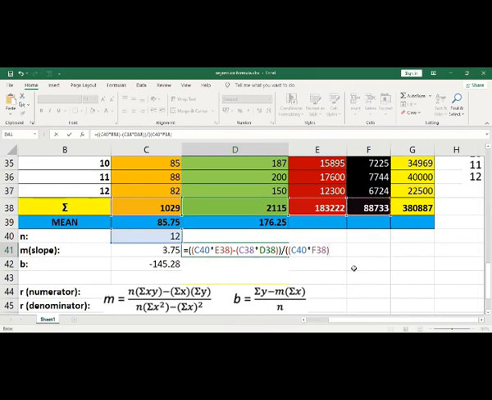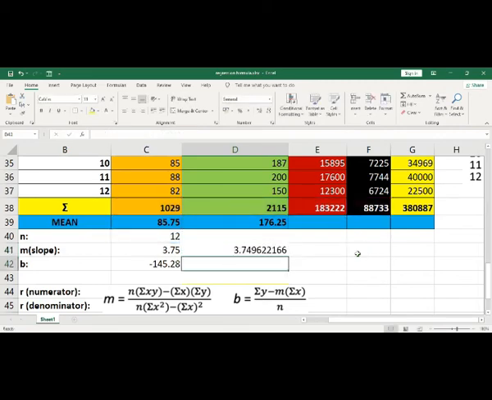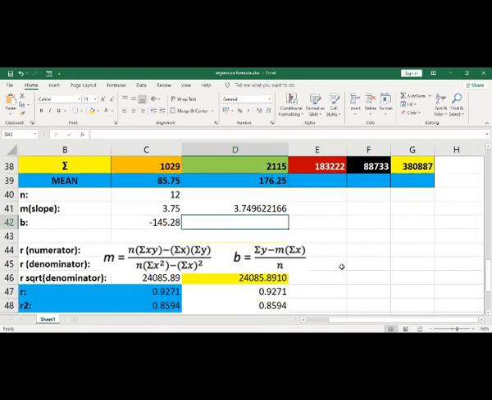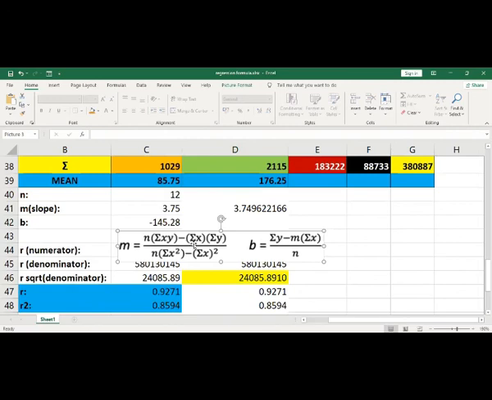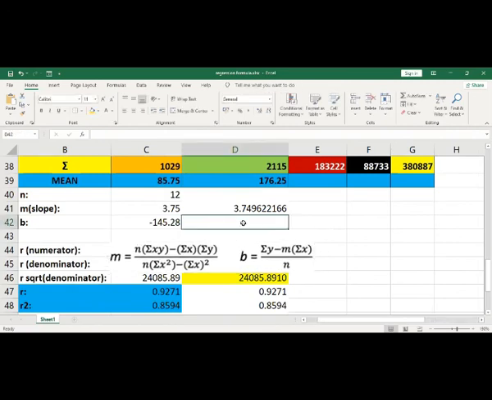Then, minus, open parenthesis, the summation of x raised to the power of 2. Then close, then raised to 2. Okay? Then close. So, 3.7496221, yun yung slope. Okay na to. Okay na ng slope.